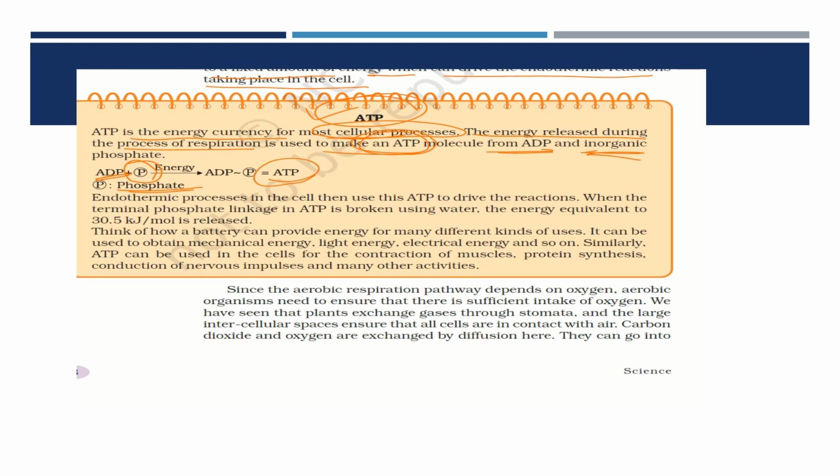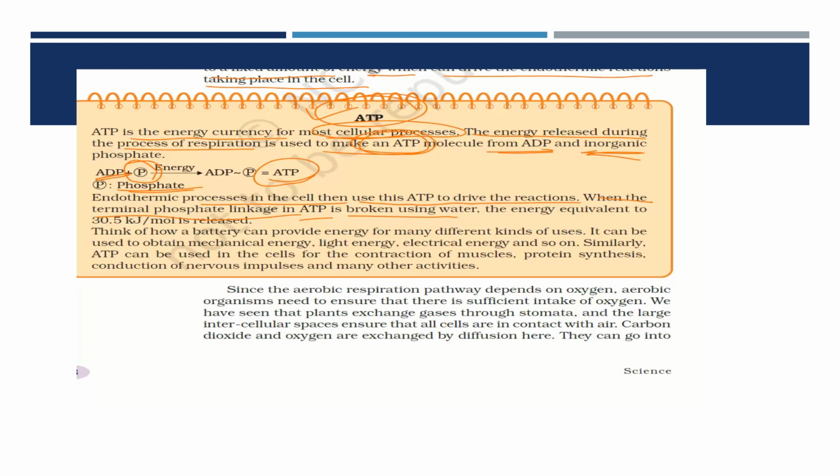Right. So what are endothermic processes and what are exothermic processes? You all know endothermic processes in a cell. Then they use this ATP to drive the reactions. So when the terminal phosphate linkage in ATP is broken using water, these are all biochemical reactions.